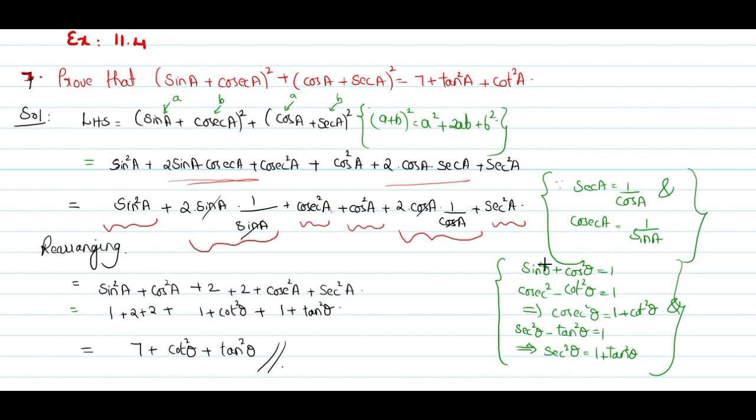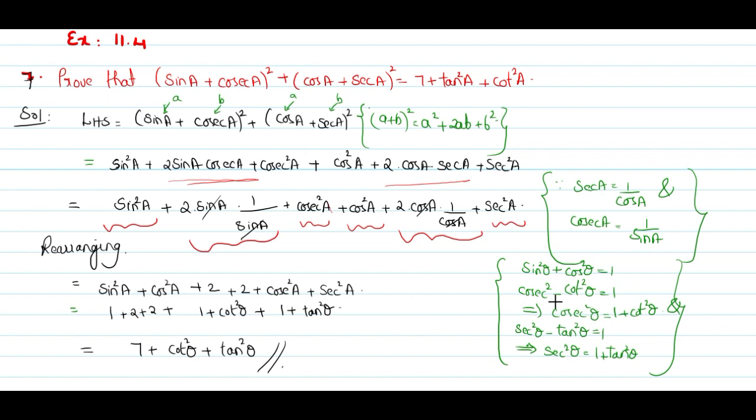Now, we have the identity sin square theta plus cos square theta is equal to 1. So, we can write sin square a plus cos square a is equal to 1, 2 as it is and 2 as it is. Then we have cosecant square theta minus cot square theta is equal to 1. From this we can derive the value of cosecant square theta, that is nothing but 1 plus cot square theta.